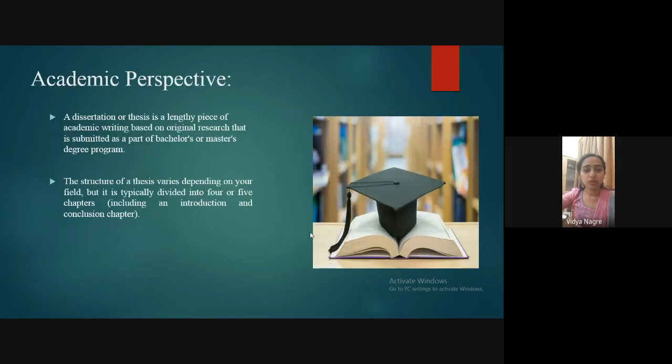Before we understand what a thesis is, we have to first understand why we write it. A thesis is a compilation, a lengthy part of your academic journey, in written form, that represents your overall study based on the research you have conducted and the results you have concluded.